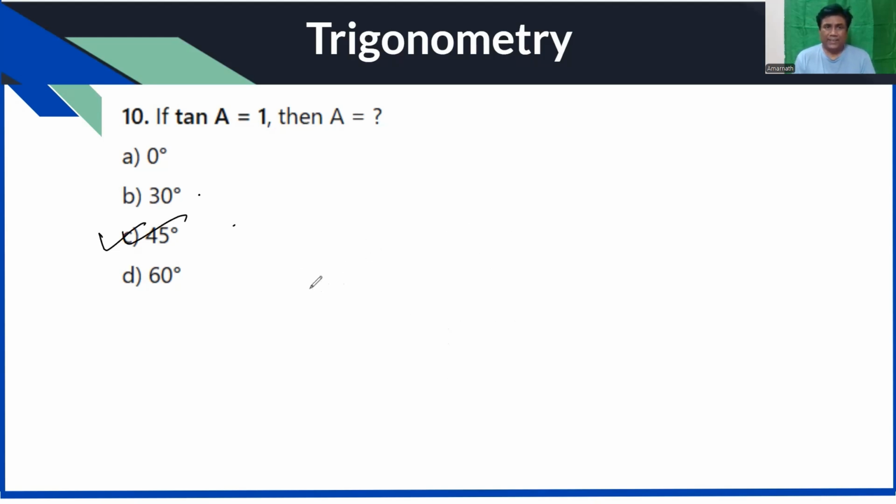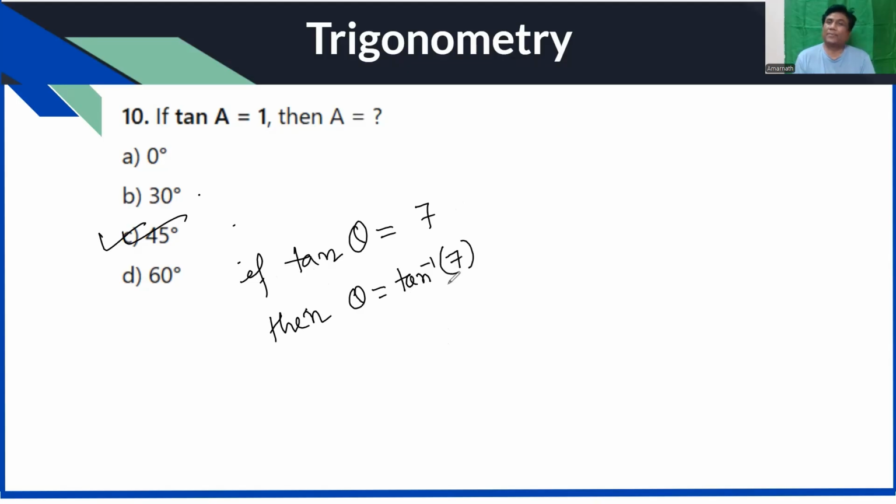But remember, if it is an unknown angle, say they are saying tan theta is equal to 7, but I don't know what theta is. Then you can write theta equal to tan inverse of 7. It is a style of writing.